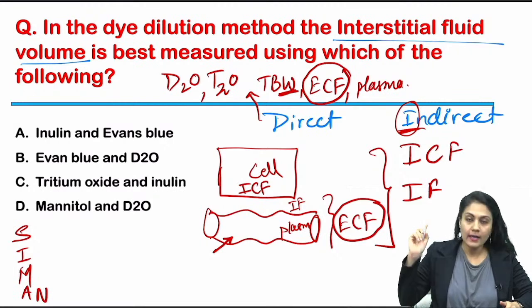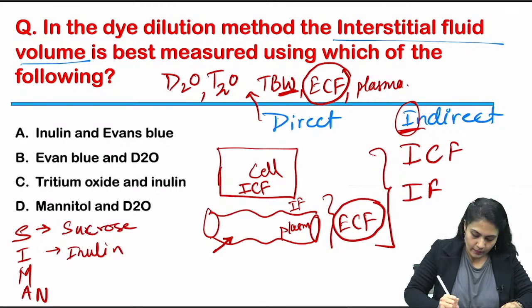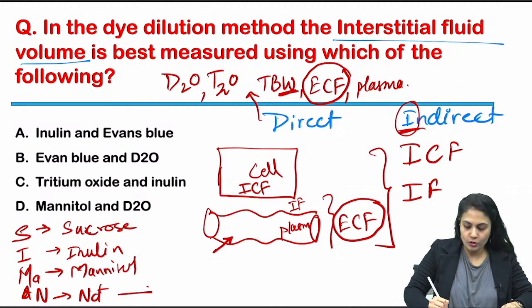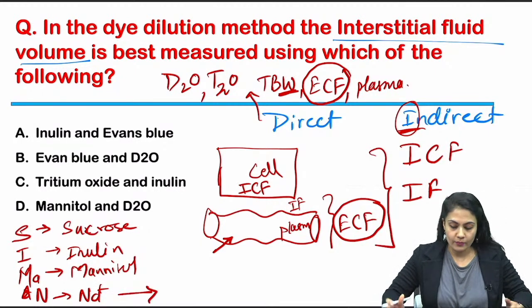S for sucrose, I for inulin, M for mannitol, and N for sodium iothalamate or sodium radioisotopes that we use over here, right?